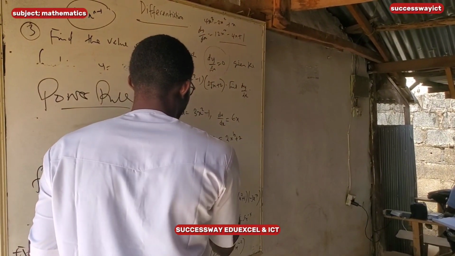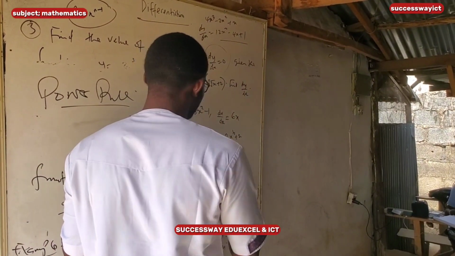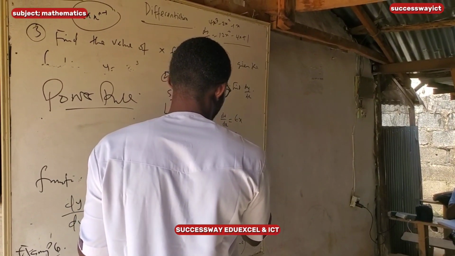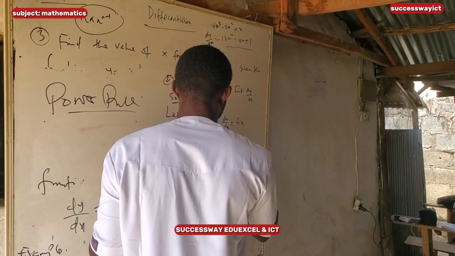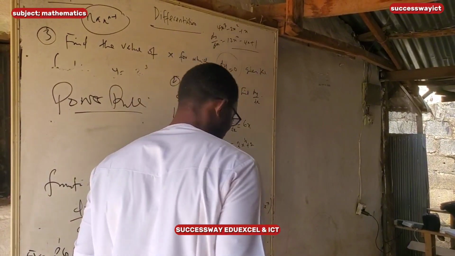So your dy dx is equal to v du dx plus u dv dx.